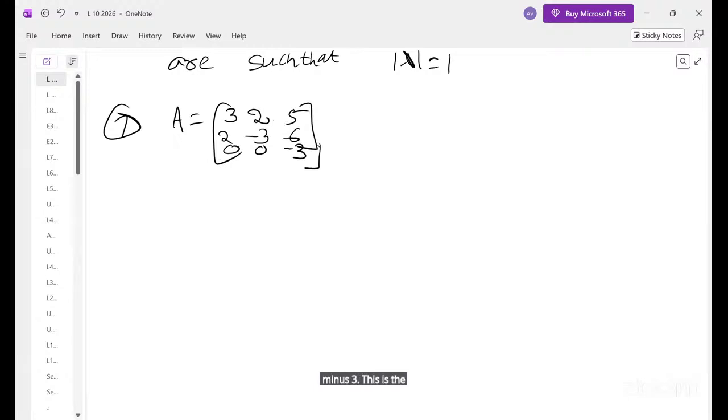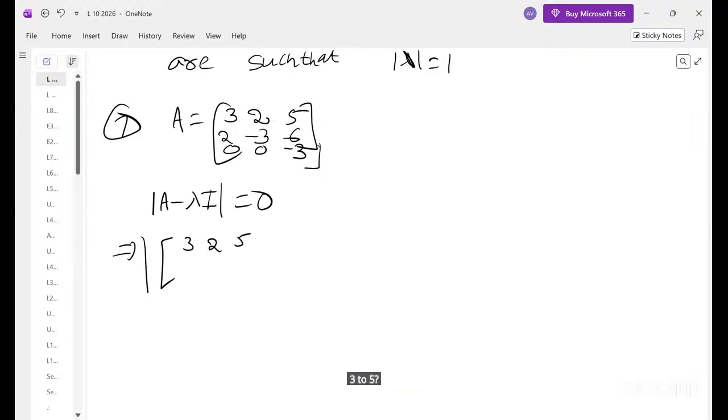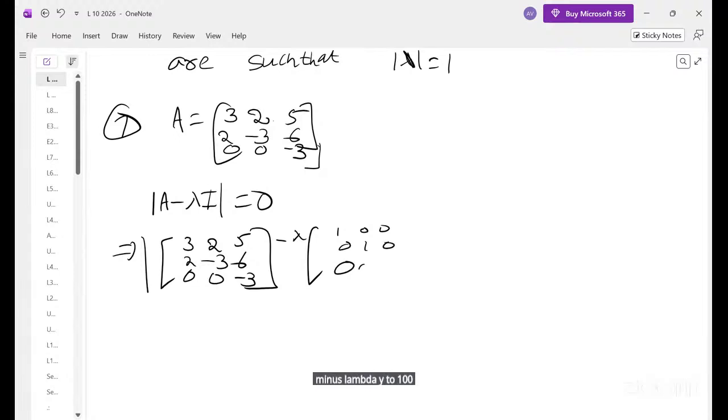This is not upper triangular, because this entry is not 0. This is not lower triangular. This is not diagonal. But we are asked to find the eigenvalues. So, the characteristic equation: determinant of A minus lambda times the 3 by 3 identity matrix equals 0.